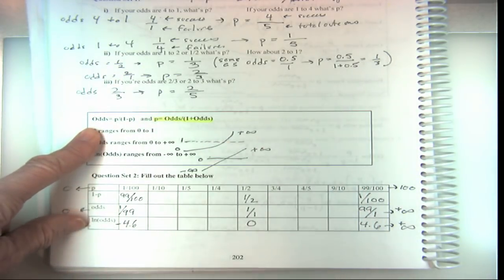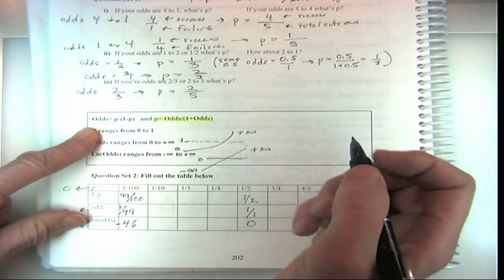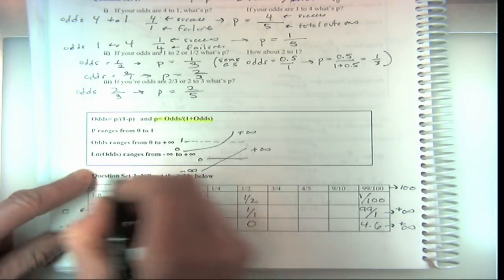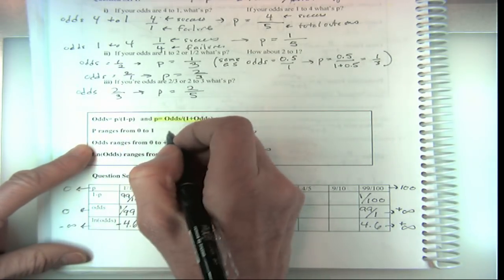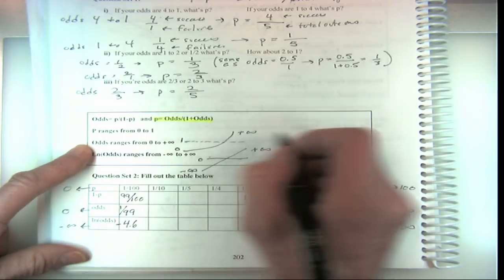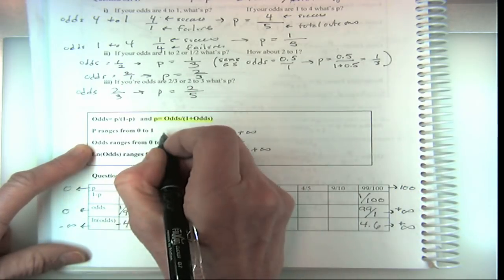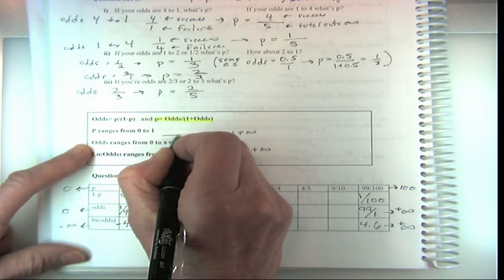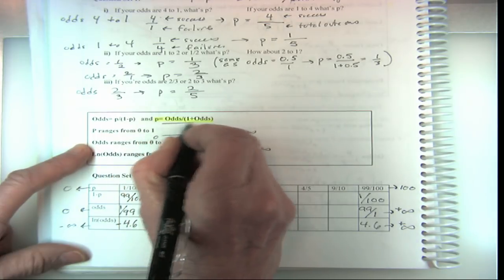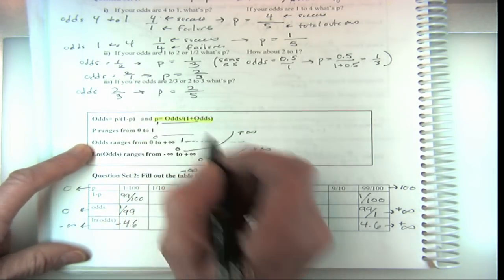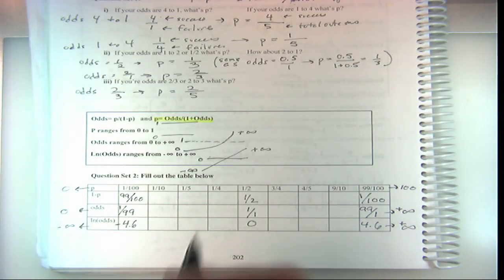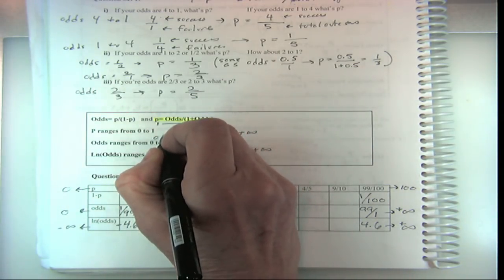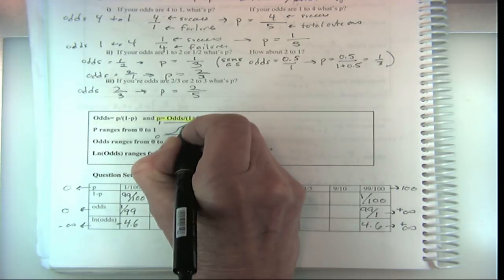And for probabilities, they range between 0 and 1, and they have that S-shaped curve.